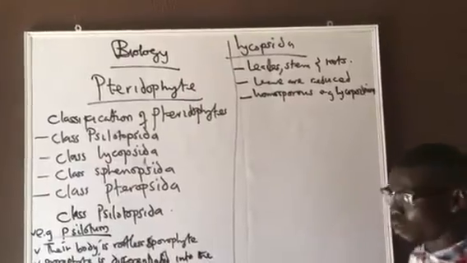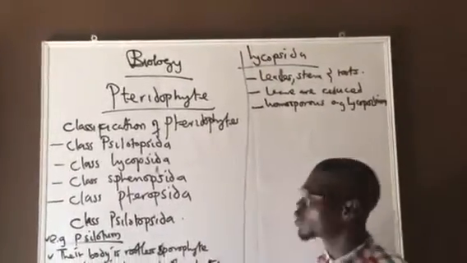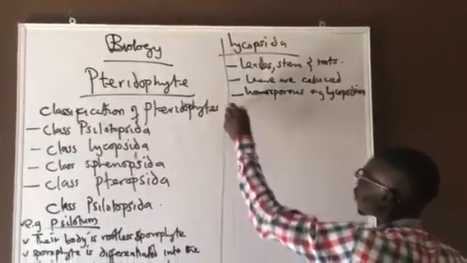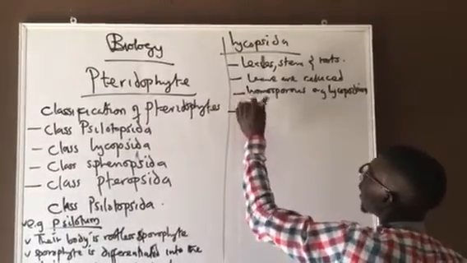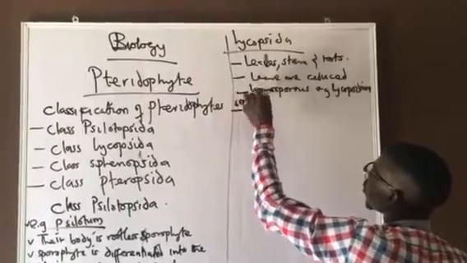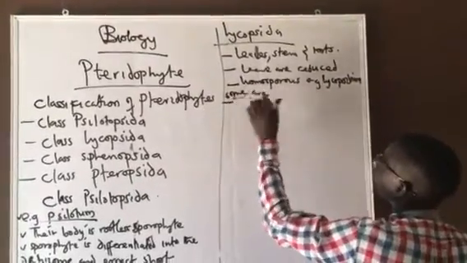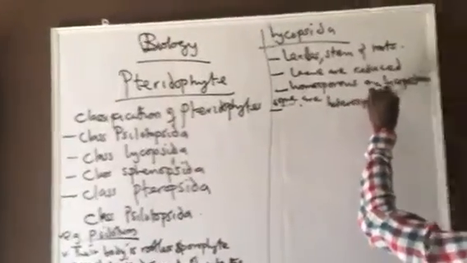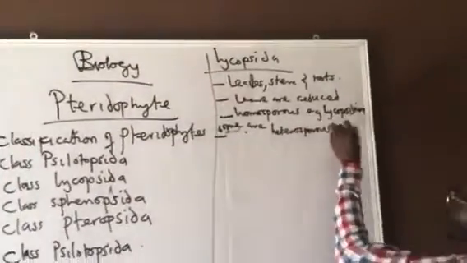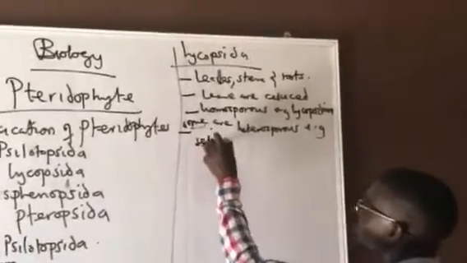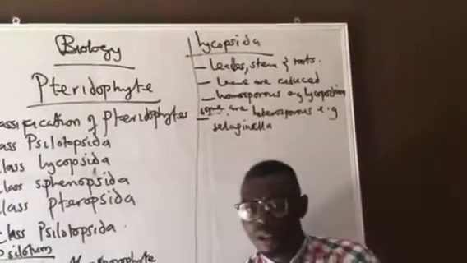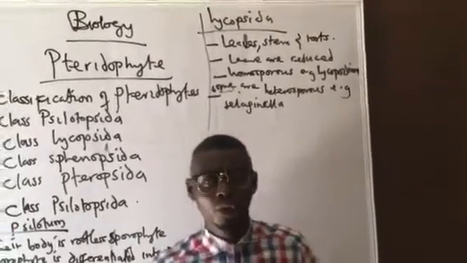And I said those that are homosporous have just one type of spore. And some other group are heterosporous, for example, Selaginella. And those that are heterosporous have two kinds of spores.